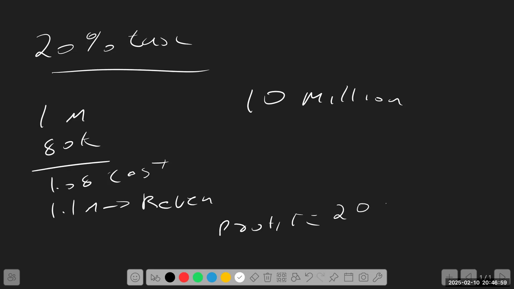This is the PBT, profit before tax. I need to pay tax on 20,000, which is 20% of 20,000.